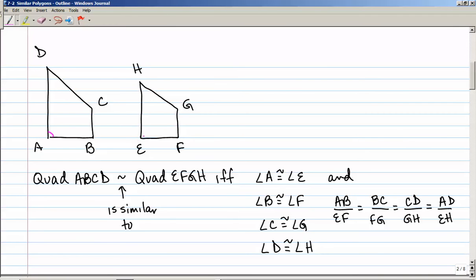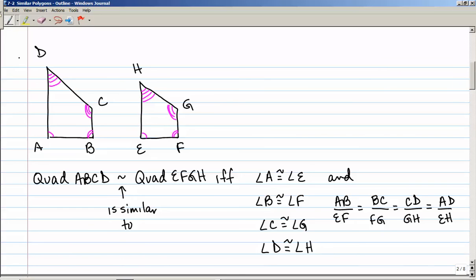Angle A is congruent to angle E. Angle B is congruent to angle F. Angle C is congruent to angle G. And angle D, this is getting a little sloppy here, is congruent to angle H. Notice they correspond to each other. A is the first letter mentioned here, E is the first letter mentioned here, so they are congruent to each other. And we need to say the sides are proportional.